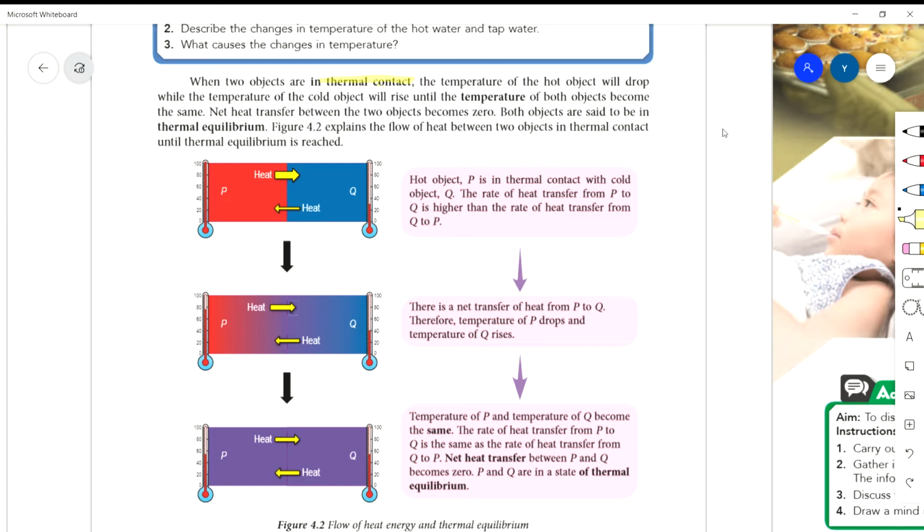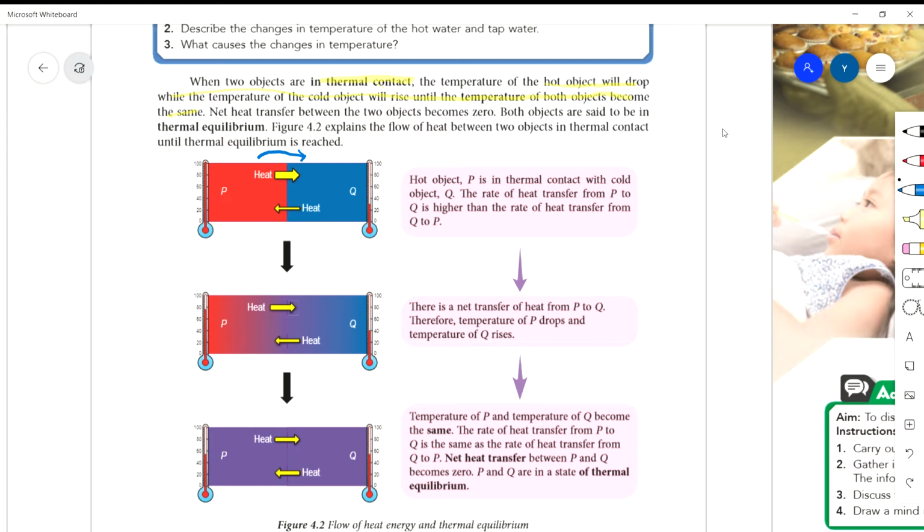The temperature of the hot object will drop while the temperature of the cold object will rise until the temperature of both becomes the same. Heat is transferred from higher region to lower region.